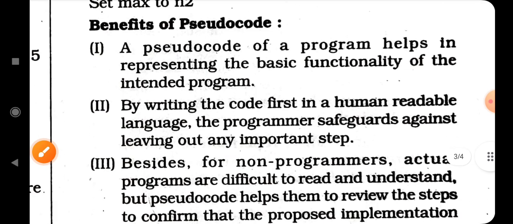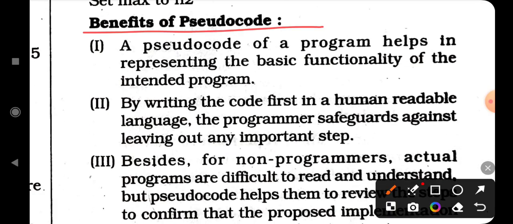Benefits of pseudocode. A pseudocode of a program helps in representing the basic functionality of the intended program.